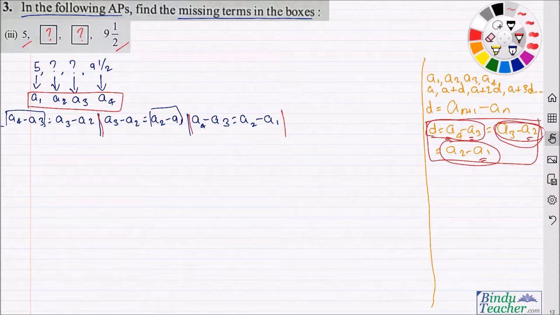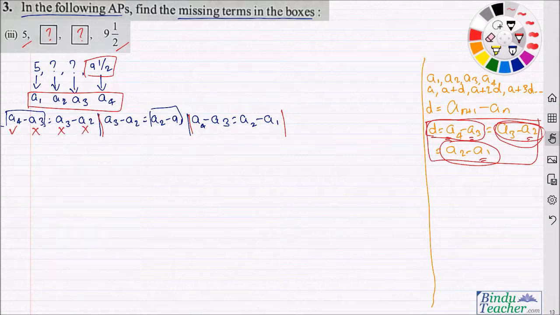For that, I will check what values I already know. For example, in the first equation, do I know the value of A4? Yes, the value of A4 is given as 9 1 by 2. The value of A3 is unknown, and here also the value of A3 is unknown. The value of A2 is unknown.